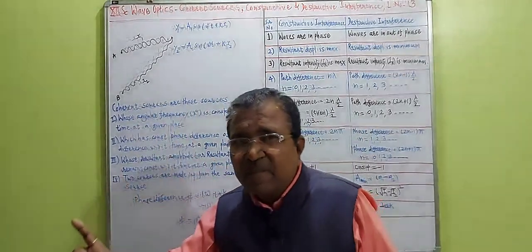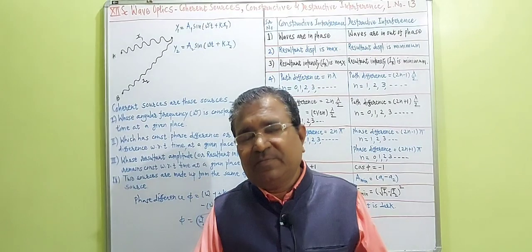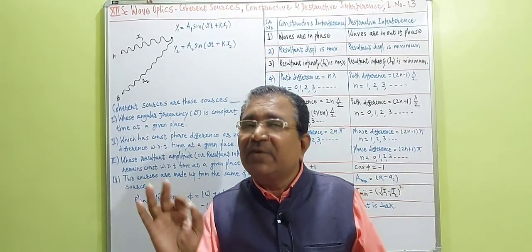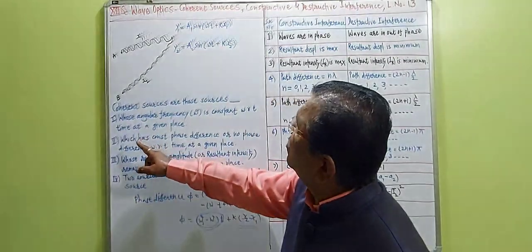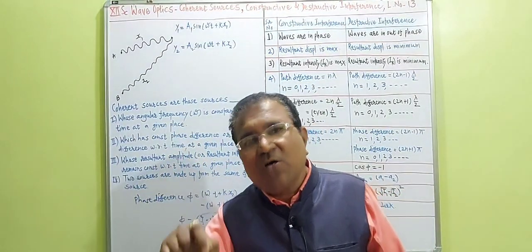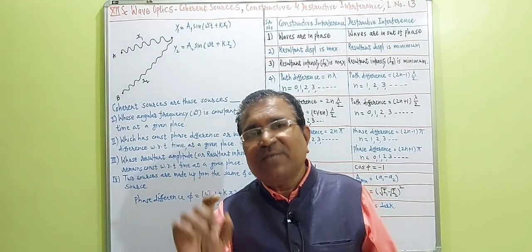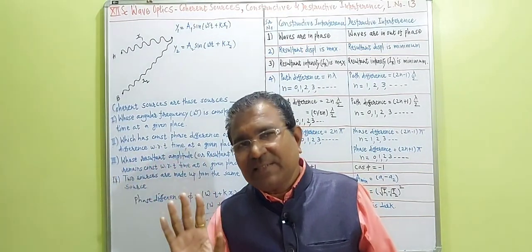sources, number 1, whose angular frequency remains constant with respect to time at a given place. Number 2, which have either constant phase difference or no phase difference with respect to time at a given place.